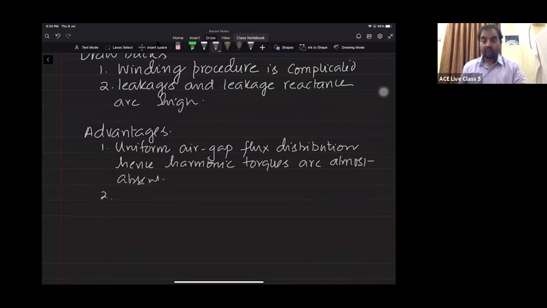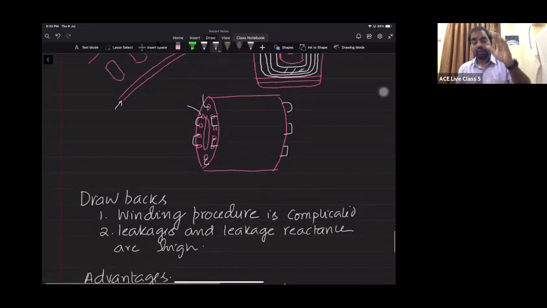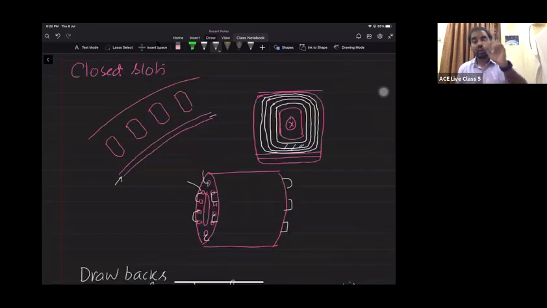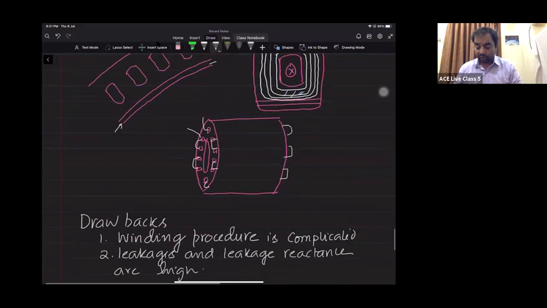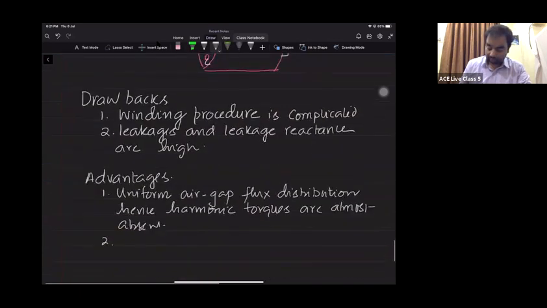Then the second one is that there is no additional air. So here there is no additional air added to the air gap. But here, if you can see, this air is added here, this air is added here, but there is no additional air added to this. So this is the core, but here there is no additional air. So the air gap is very, very less. When the air gap is very, very less, reluctance will be less, magnetizing current will be less, and hence the power factors will be very high, right?